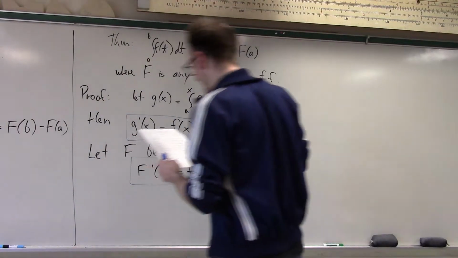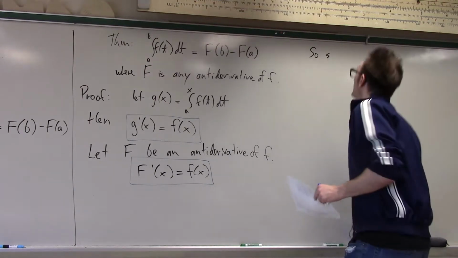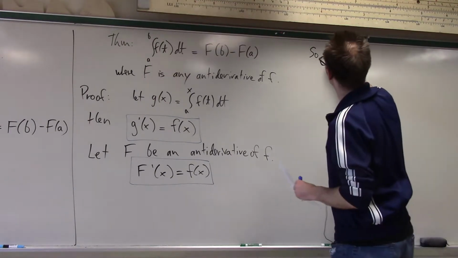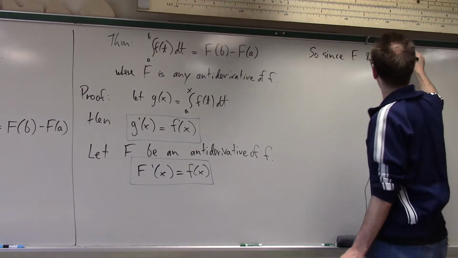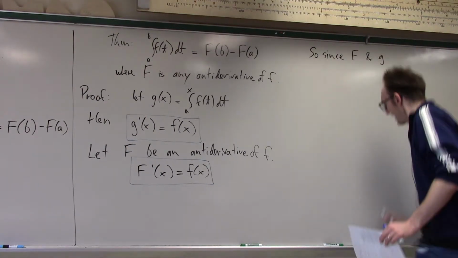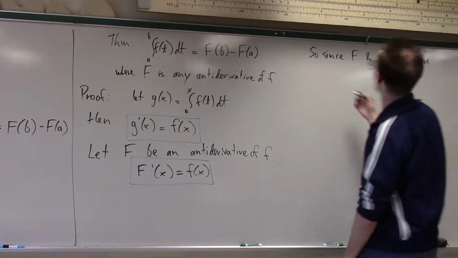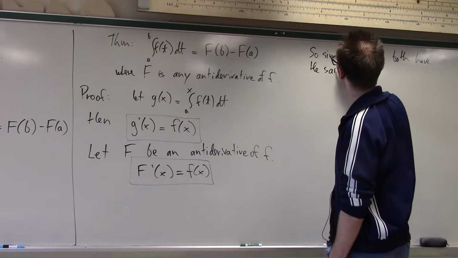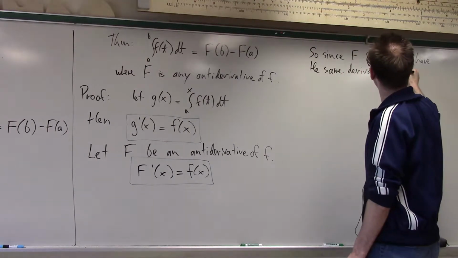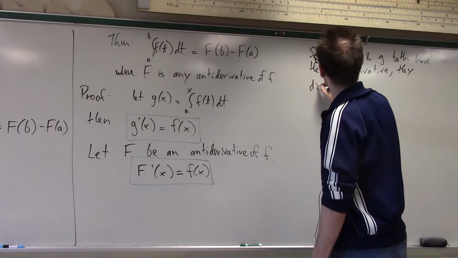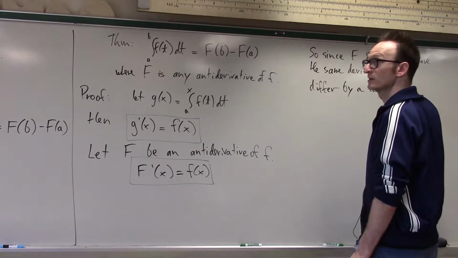Since big F and g both have derivative little f, or both have the same derivative, they differ by a constant.